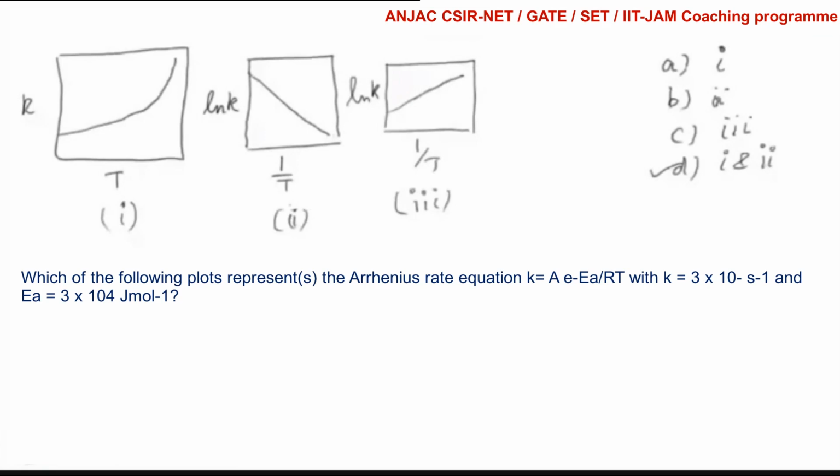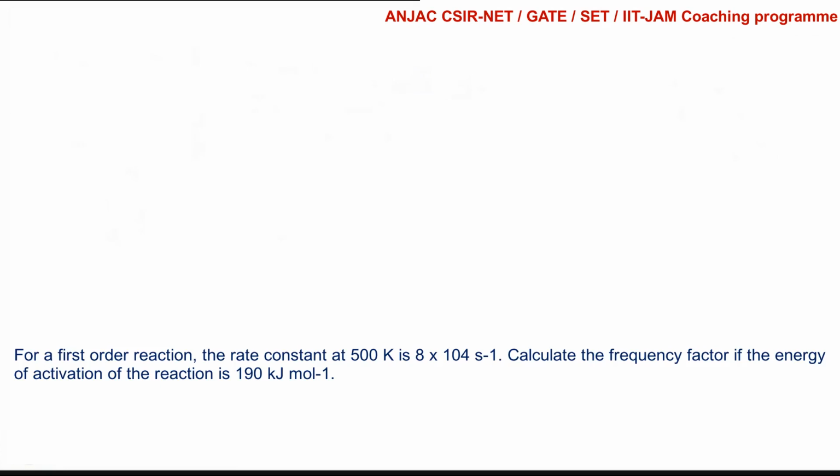Take down the first problem, and if you understand the equations, take down the first two problems. For a first order reaction, the rate constant at 500 degree Kelvin is 8 into 10 power 4 per second.